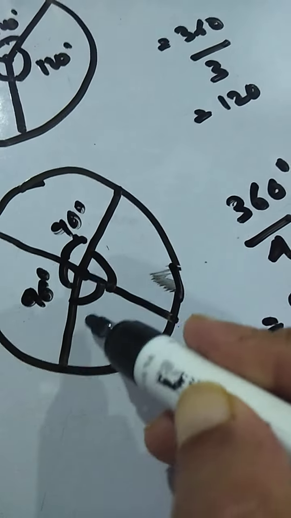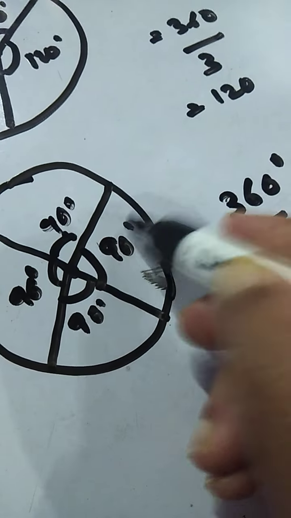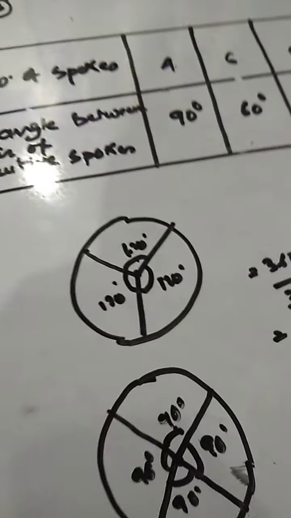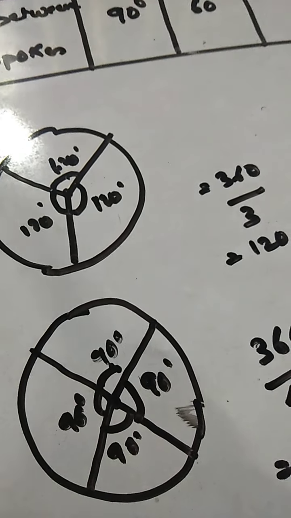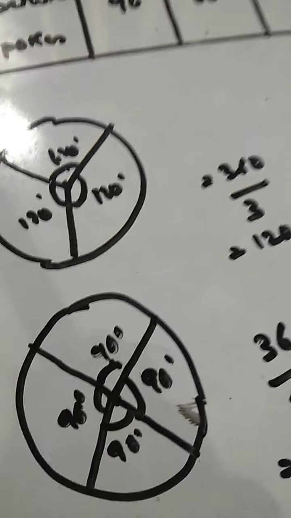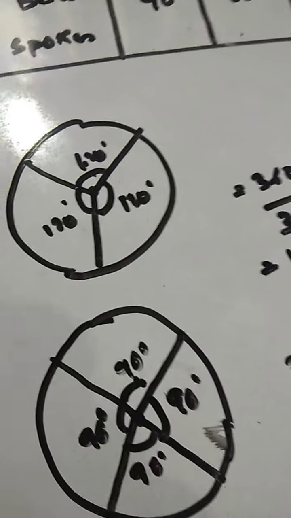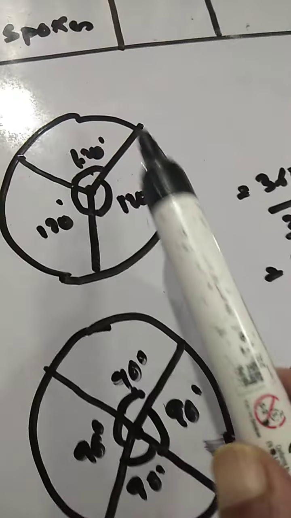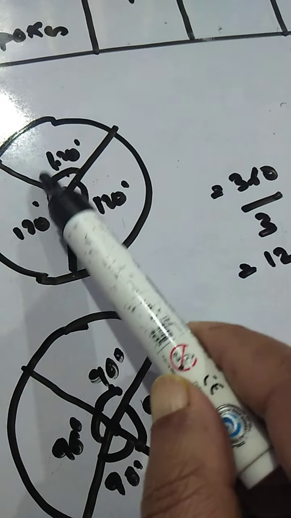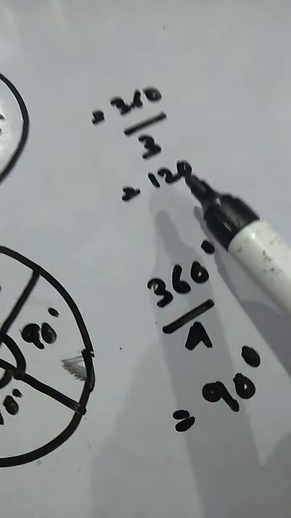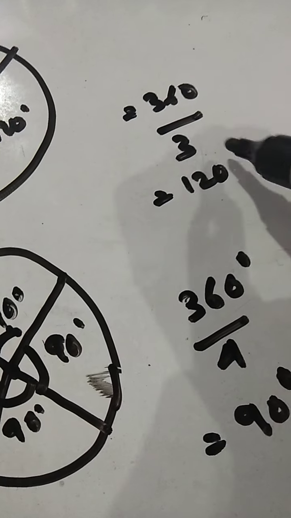So what is the observation? According to the first question, that is sum number 1 of question number 3, we have to say whether this is an inverse proportion or direct proportion. So how to analyze this? Now you see, when the number of spokes is 3, the angle between each spoke is equal to 120 degree, isn't it?